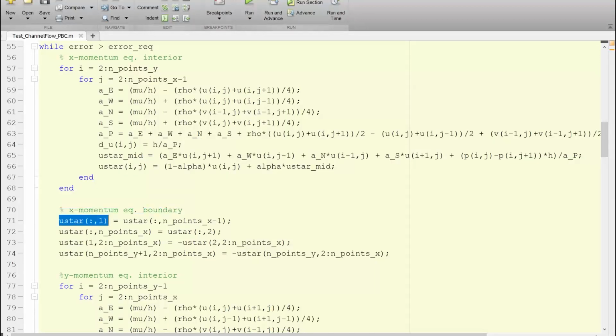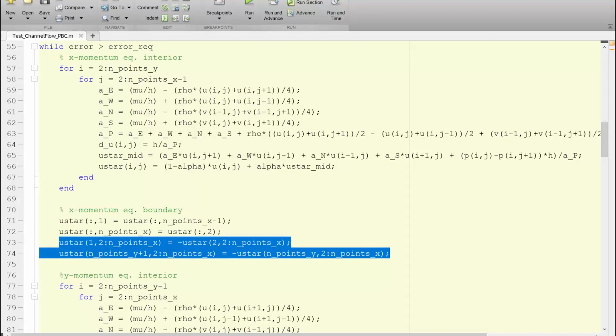I'm saying that the first column is exactly equal to the second last column here, and the last column is exactly equal to the second column. And because we are trying to use the no slip boundary conditions on the top and bottom wall, that is exactly the same as the lid-driven cavity case, where we said that if the boundary is lying in between, the average of these two velocities should be equal to 0.